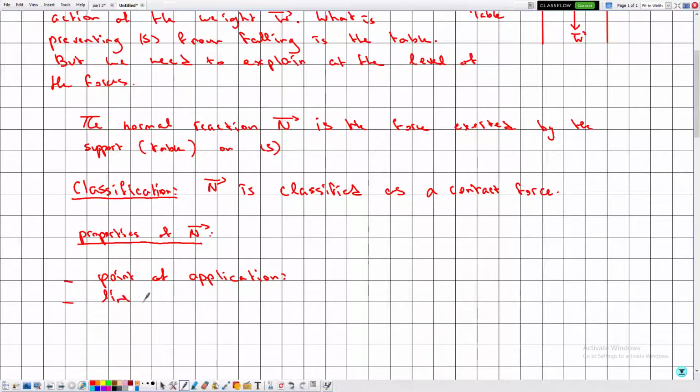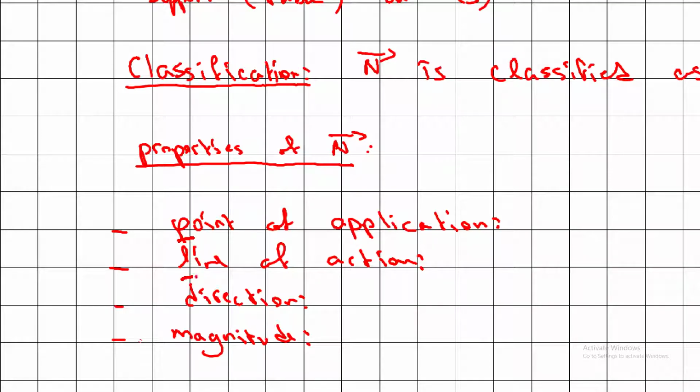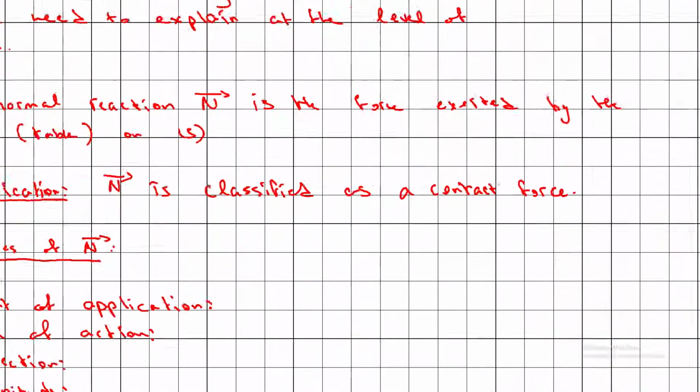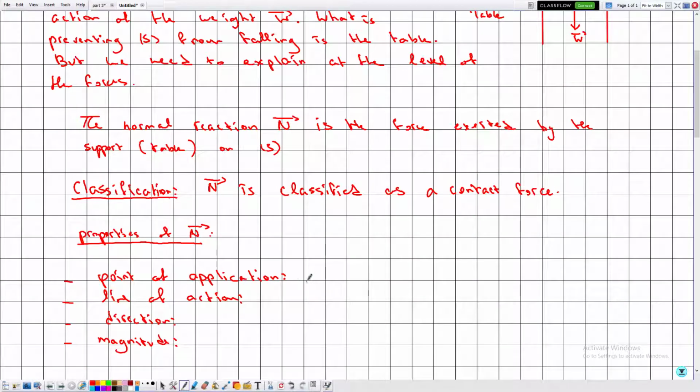Recall that whenever we list these properties, we need to list them in this order. Now, because it's classified as a contact force, the point of application will be the point of contact.